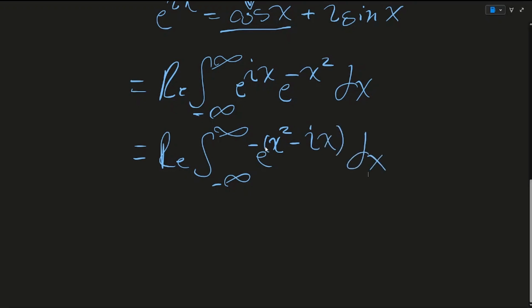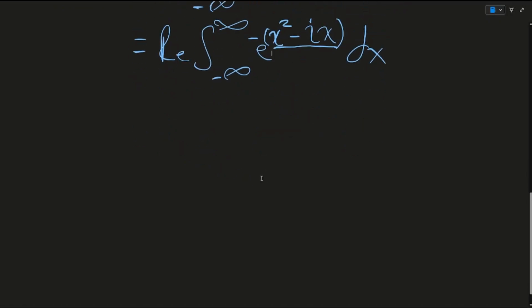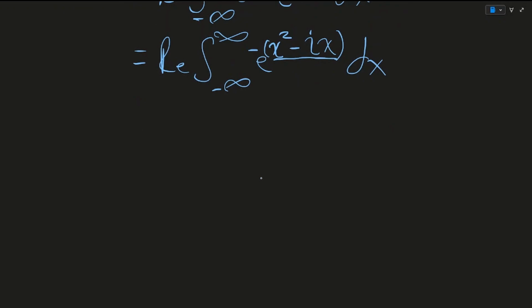And so now to complete the square of this expression, x squared minus ix, we need to take this term, negative i, divide it by 2, square it, and then add it to our overall expression.